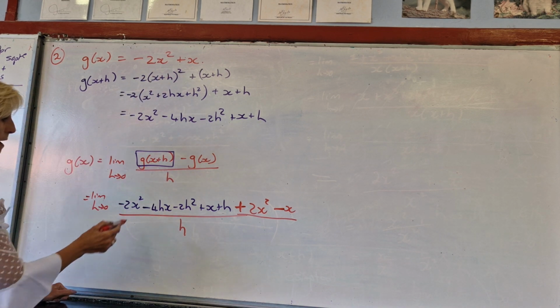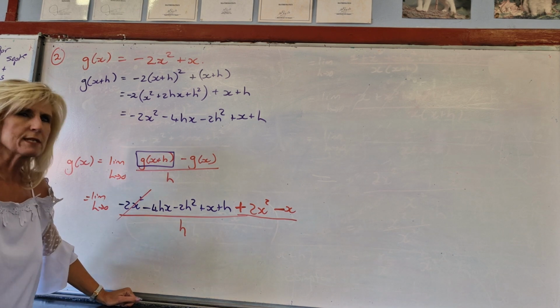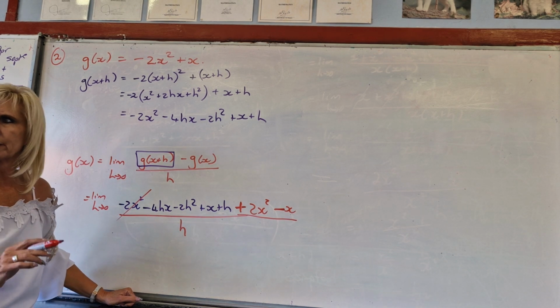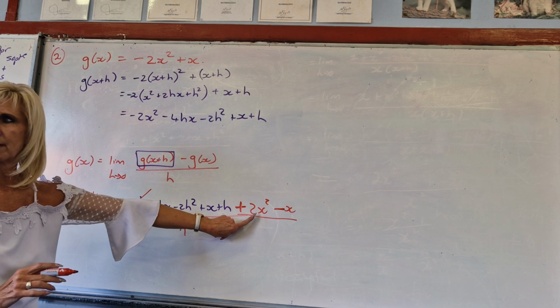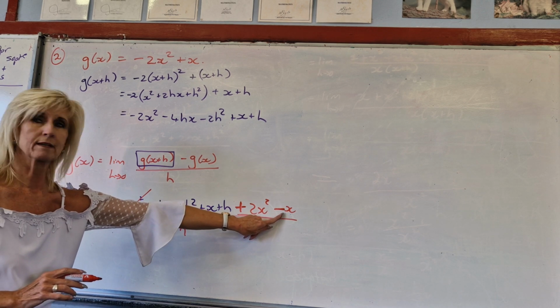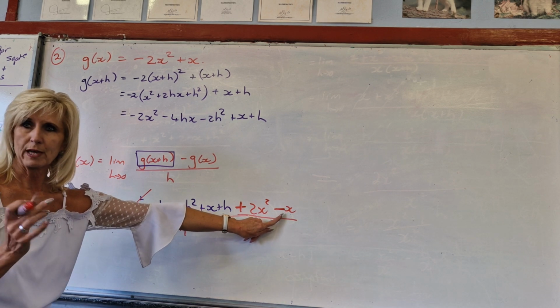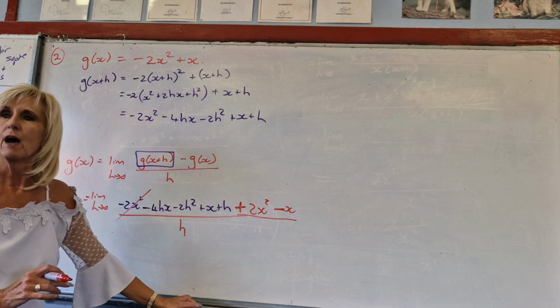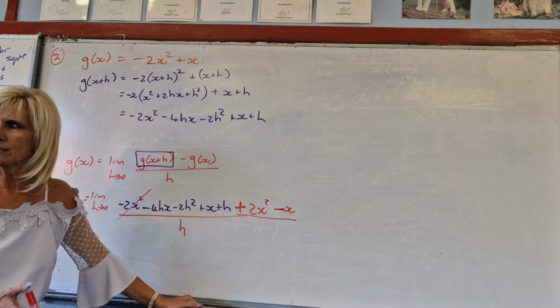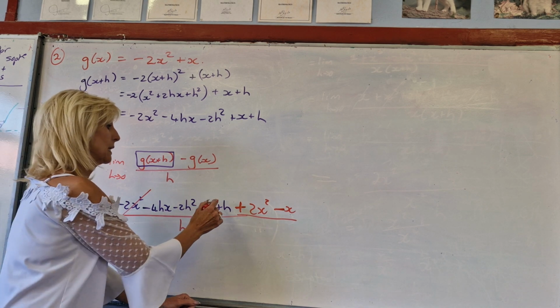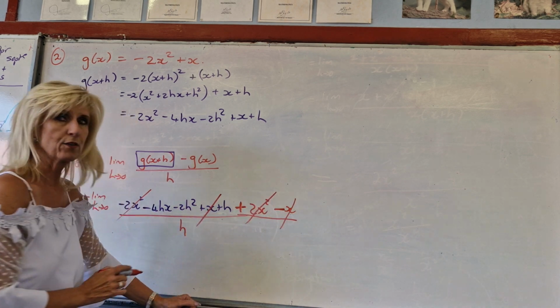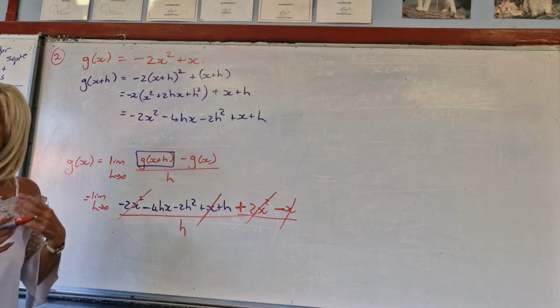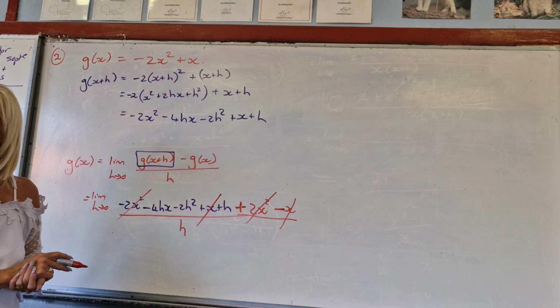So let's see. Minus 2x squared, because now say you got a little bit crazy and you didn't do it right. And this was a plus x because of your calculations being wrong. If this was plus x and plus x, I hope you realize that that wasn't right. It should cancel out legally. Otherwise, you're making it work because you know it should work and you're going to lose marks for it.